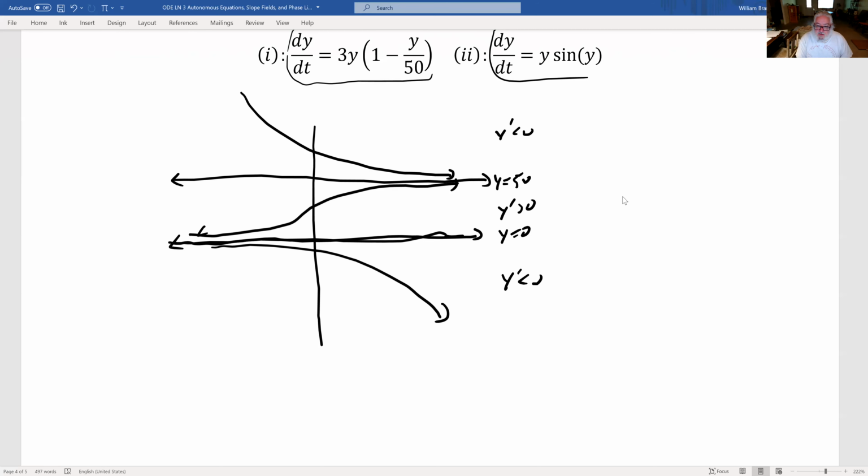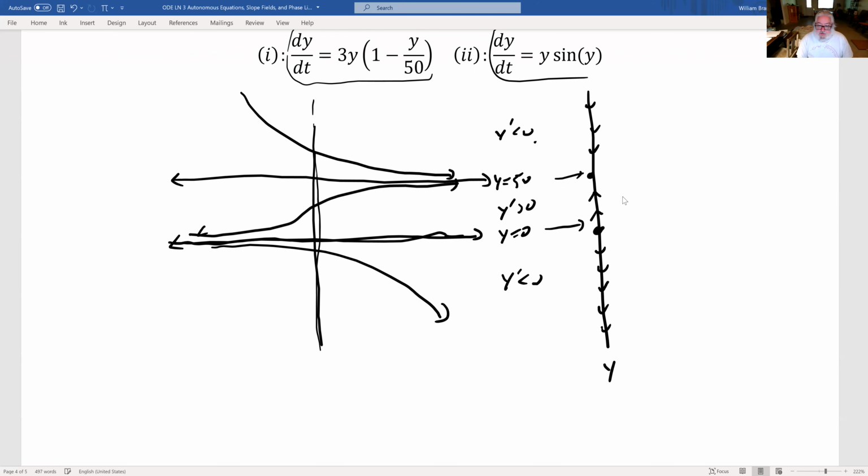So we can draw a phase line, which is just the y axis. Put in a dot for y equals 0, put in a dot for y equals 50. Those are my two equilibria. In between, y prime is positive, so we put little arrows going up. Above y equals 50, the derivative is negative.